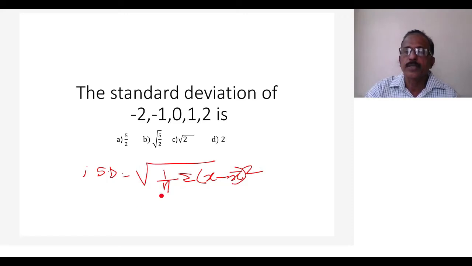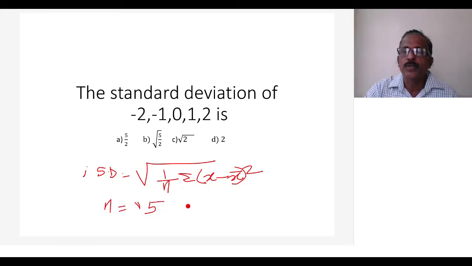Here n is the number of observations. Here n is equal to 1, 2, 3, 4, 5. N is equal to 5.